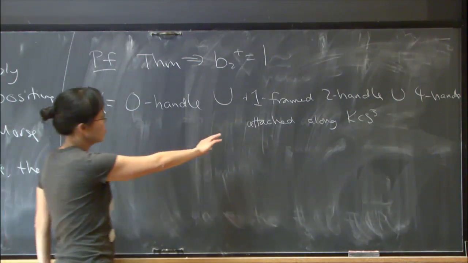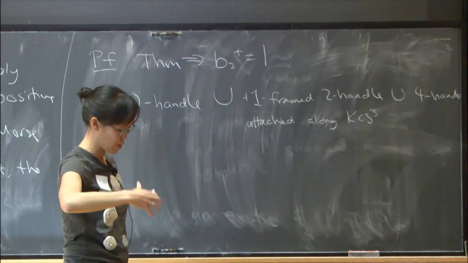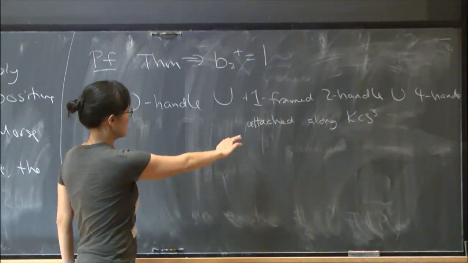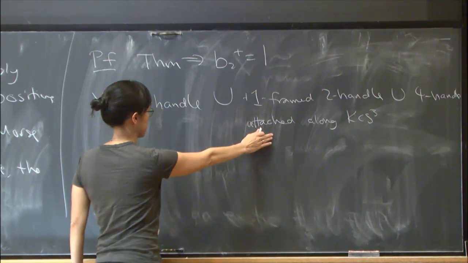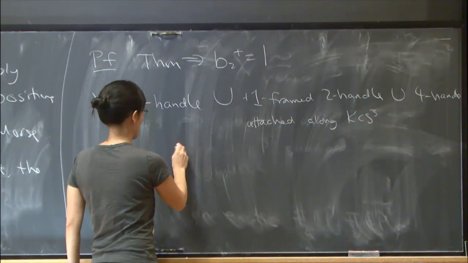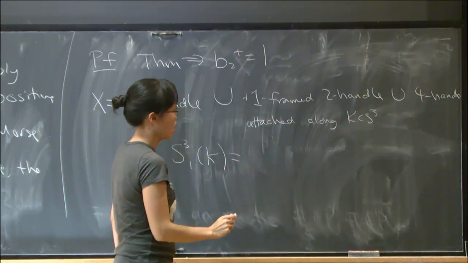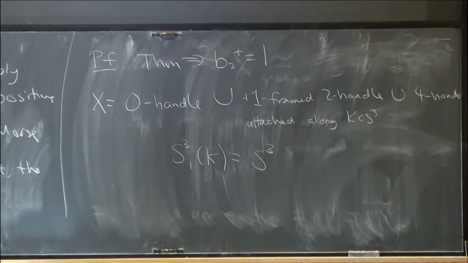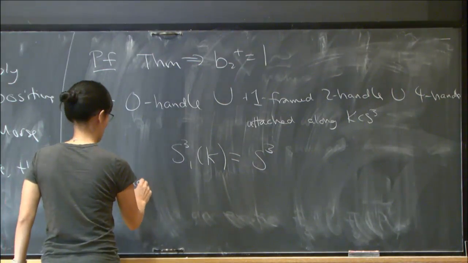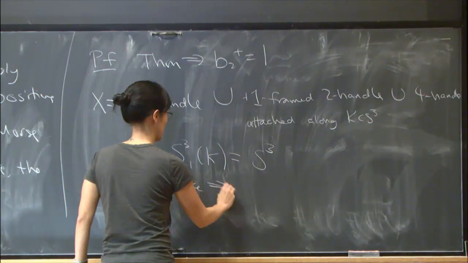We start with the 0 handle, attach this plus 1 framed 2 handle, and then cap that off with a 4-ball. So once you've attached this plus 1 framed 2 handle, the boundary is plus 1 surgery along K, and that has to be equal to S3. Then a result of Gordon and Luecke tells us that K had to be the unknot.